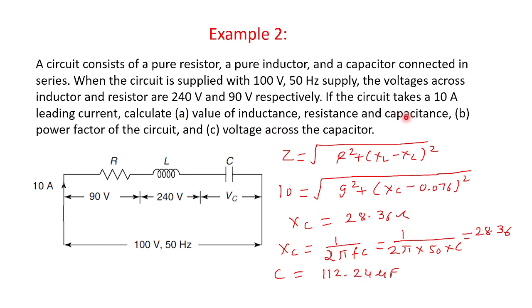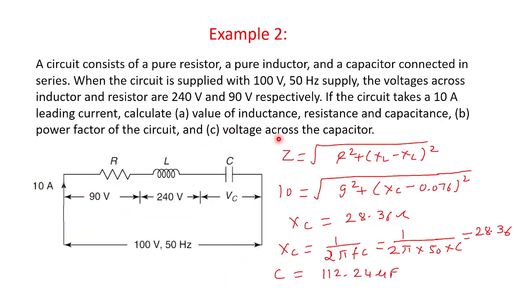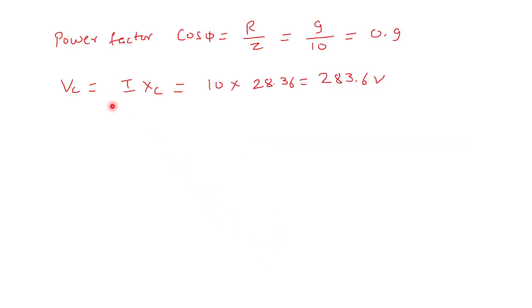After the calculation of all these components of the circuit, we found out the power factor, which is cos phi, R divided by Z. So R was 9 and impedance is 10, so it is 0.9. After that, we found out the voltage across the capacitor, and that can be calculated by I XC. I is 10 and XC is 28.36. So here voltage is 283.6 volt. So this is the problem related to the series RLC circuit.